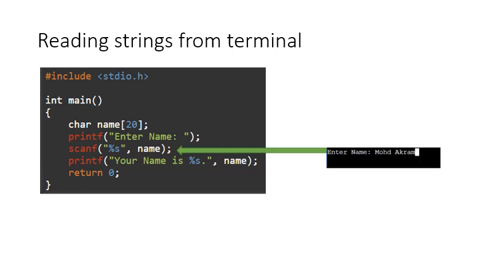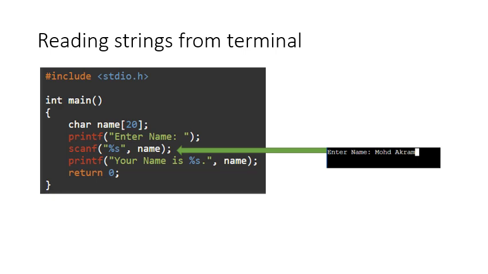So if I write another name, Muhammad Akram, you saw that there are two words now. One is Muhammad and one is Akram. And between these two names, the first name and the second name, or middle name or last name, I have a space.